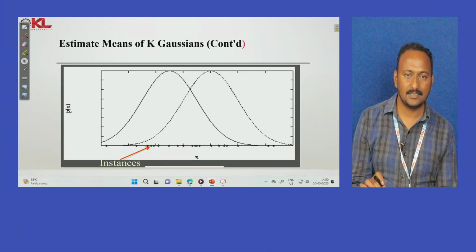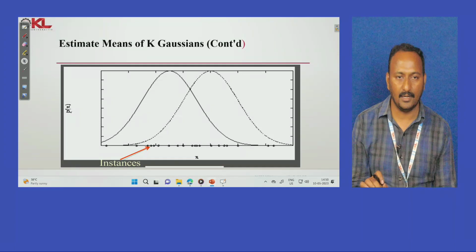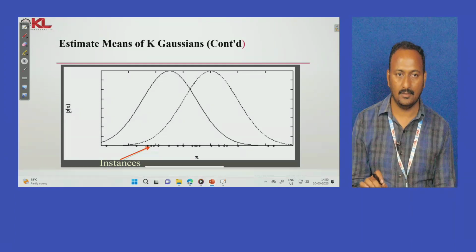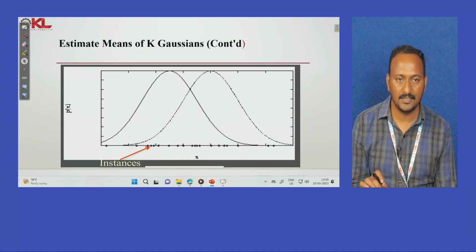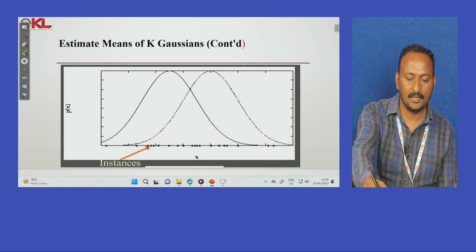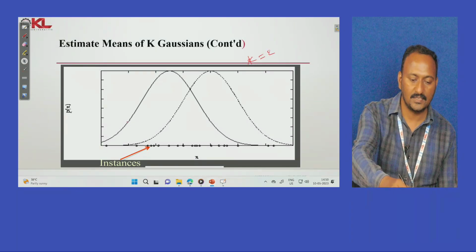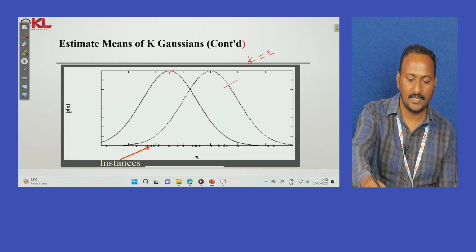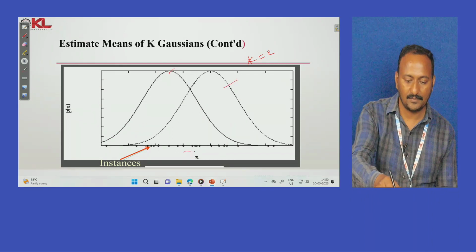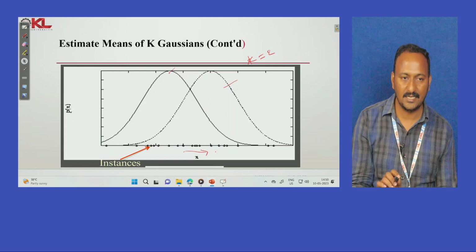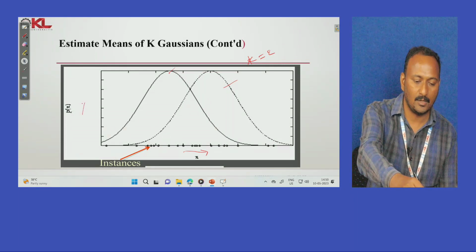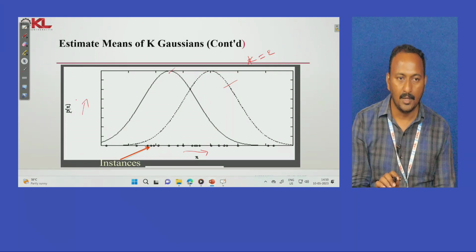Here is the diagrammatic representation of estimating the means of k Gaussians. Here we are considering k value as 2, meaning we have two distributions. This is one distribution and this is the second distribution. On the x-axis we consider our instances, and on the y-axis we take our Gaussian function or probability density function p of x.